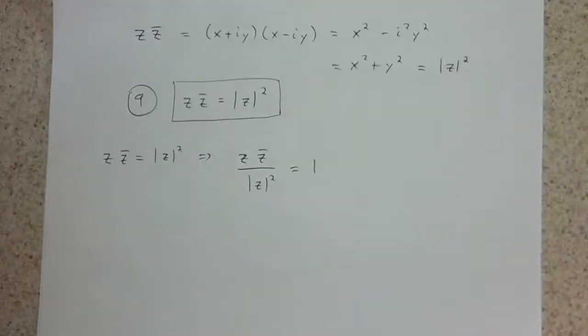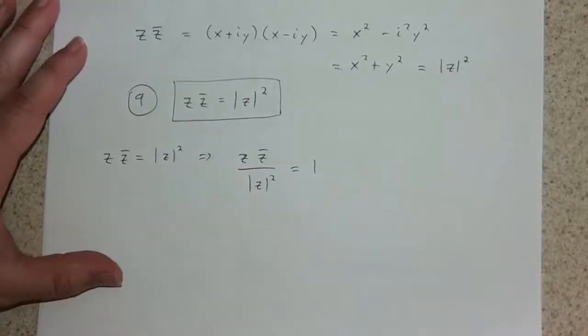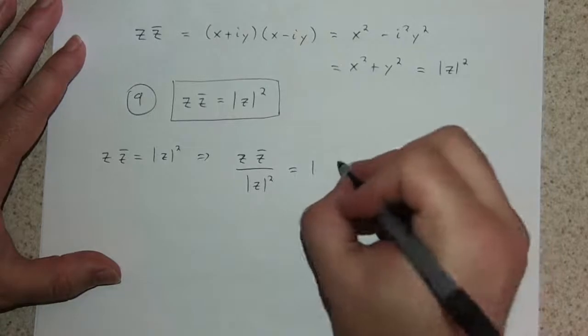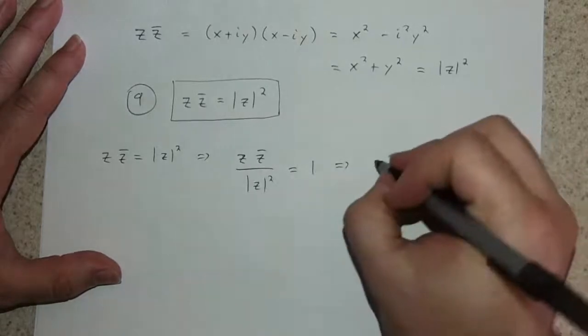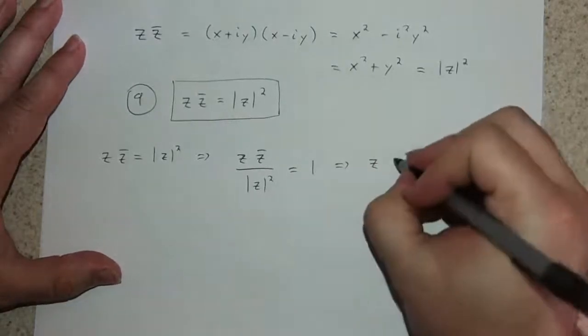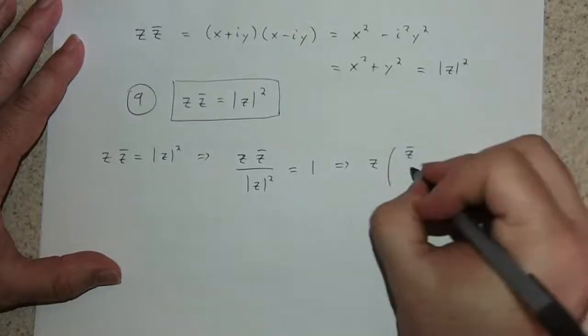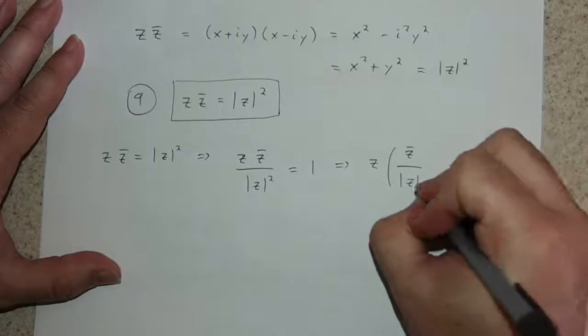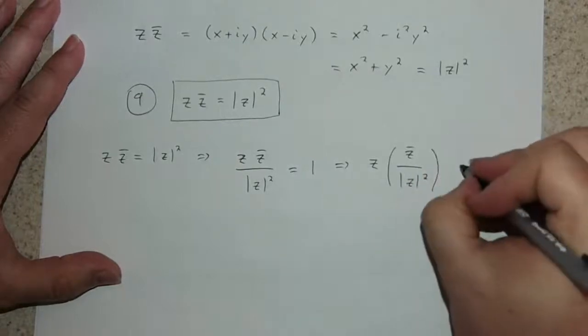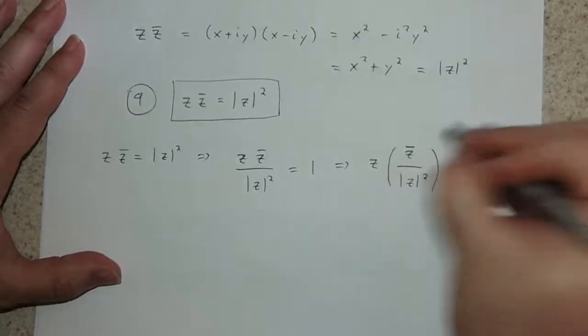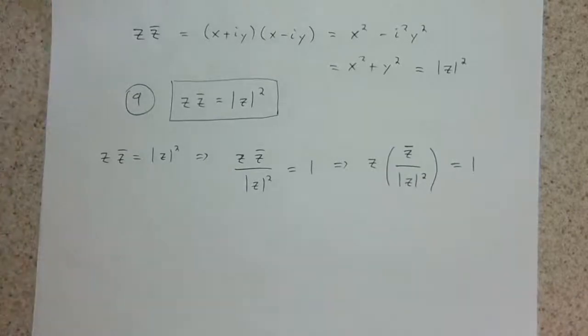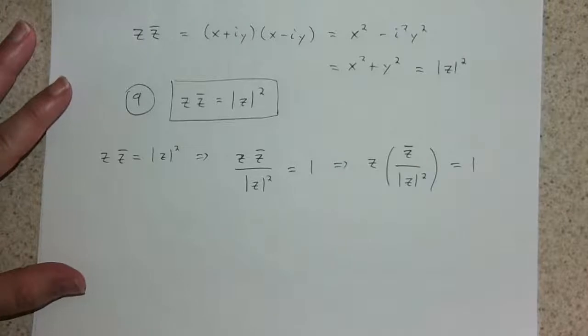Z times this is equal to 1. I'm not even rewriting anything. All I'm doing is just making sure you see what it is that's going on here. So I took a complex number z, multiplied it by a thing in parentheses here, and I got 1.